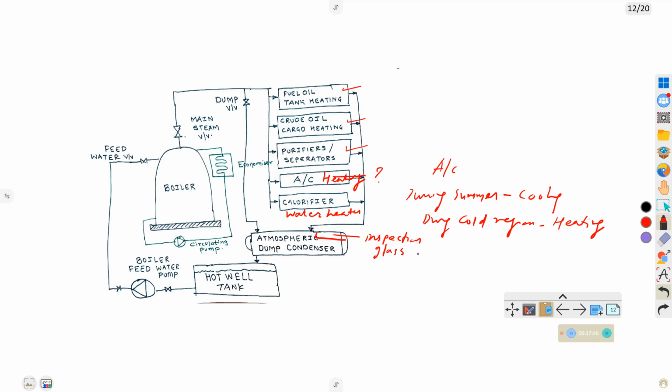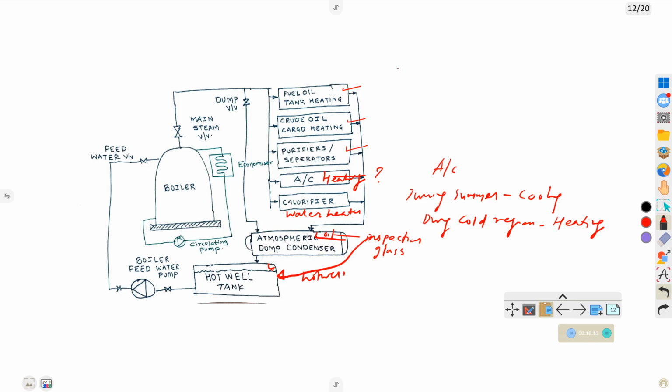Why is it required? If there is any oil, it will float on the top of the condenser and we will come to know. Sorry, it is not air, this inspection glass, it is for oil in the hot well.